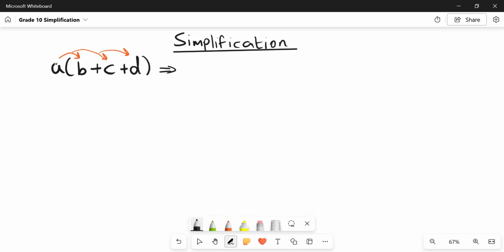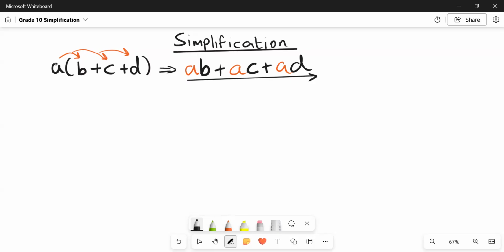So you will have A times B, plus A times C, plus A times D. Then this is simplified. Basically, I've removed the bracket by multiplying every term using the term in front of the bracket. So I want us to go to example one.